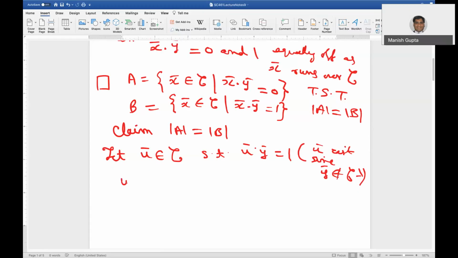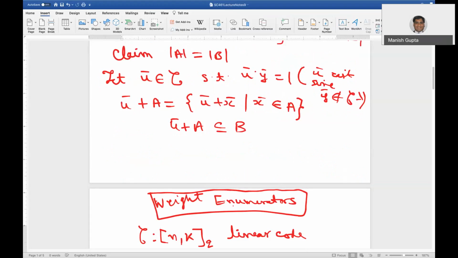Then we form the coset U plus A, which is U plus X, such that X belongs to A. Now our claim is that U plus A is a subset of B. For if X belongs to A, then we consider U plus X inner product with Y. What is this?